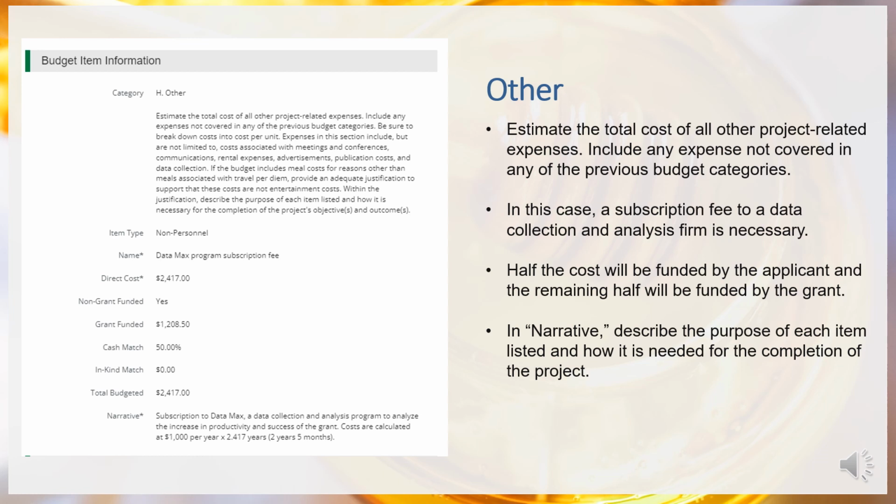In narrative, describe the purpose of each item listed and how it is needed for the completion of the project. Note that the maximum grant duration is 2 years, 5 months, or 2.417 years for prorating subscriptions and other annual costs.